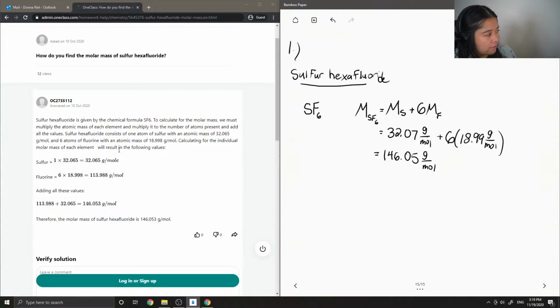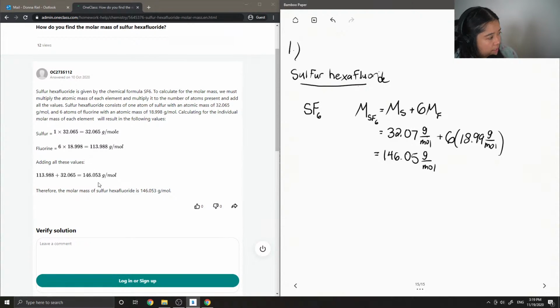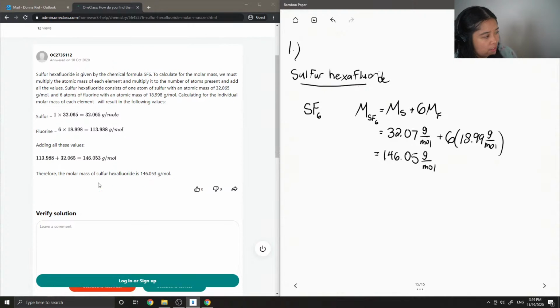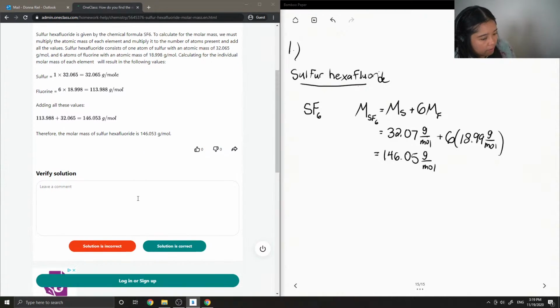Yep, so they did the same math and ended up getting 146.053. I can verify that this solution is correct.